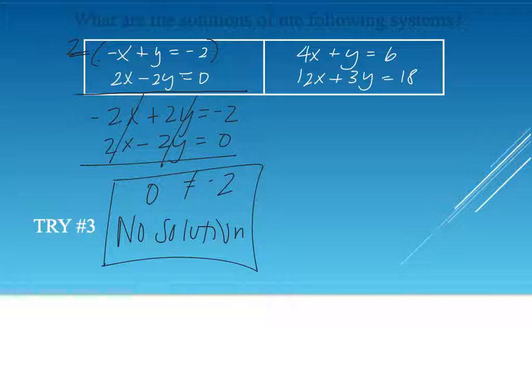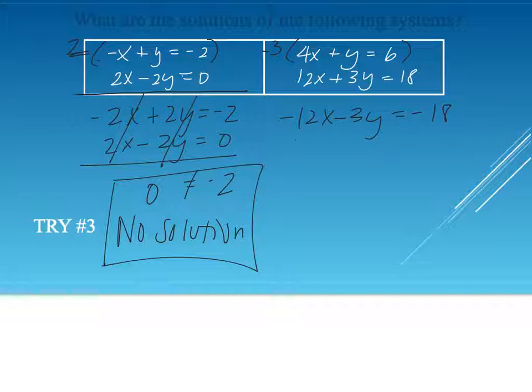Okay, on the right hand side, again, we have to manipulate. The least common multiple for the x's is 12. The least common multiple for the y's is 3. So let's deal with the y's. There's already a positive 3y, so let's make the top one a negative 3y by multiplying by negative 3. If I distribute, I will have negative 12x minus 3y is equal to negative 18.